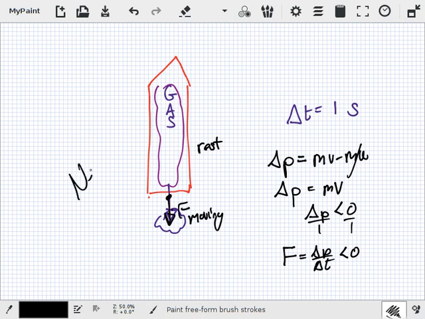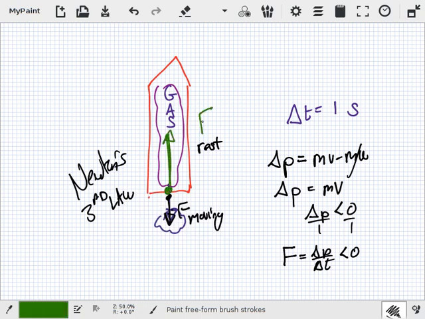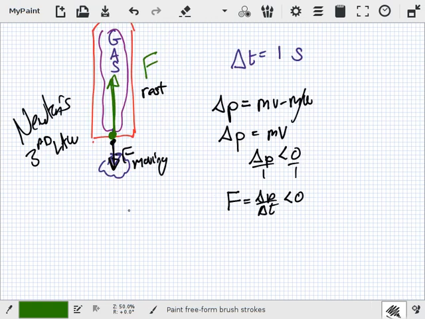So the gas has this downward force. But according to Newton's third law, every action has a reaction, so the rocket will feel an upward force. This is what actually makes the rocket move up. This force is called the thrust, and it's very simple to calculate.